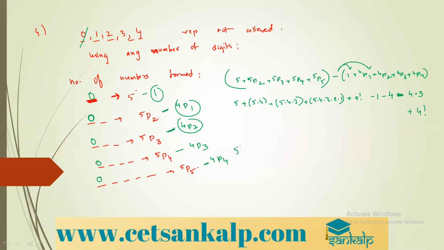That means you will have 5 plus 20 plus 60 plus 120 plus again 5 factorial is 120, minus 1, minus 4, minus 4 times 3, 12.